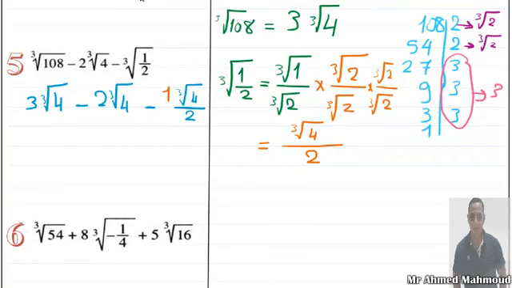Again, here 3 minus 2 minus 1 over 2. 3 minus 2 equals 1. Minus 1 over 2 equals 1 over 2. Then finally, the result equals 1 over 2 cubic root 4. Don't forget, here we use this as negative 1 over 2. Okay, we wrote on the calculator 3 minus 2 minus 1 over 2.